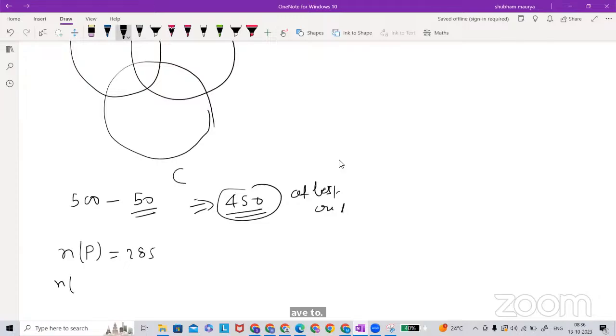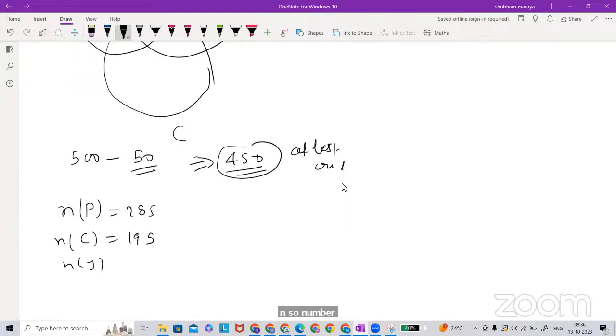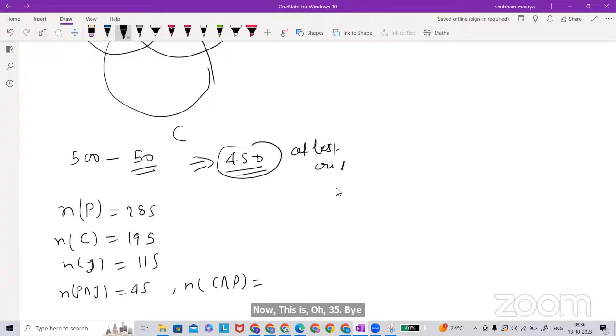Number proficient in C programming is 195, and number who know Java is 115. n of P intersection J is 45, n of C and P is 70, and n of J and C is 50. These are the information we have.